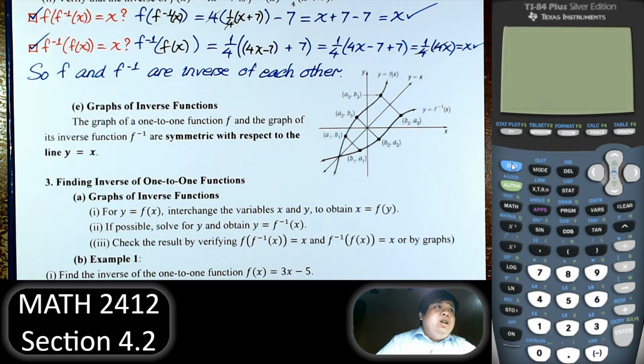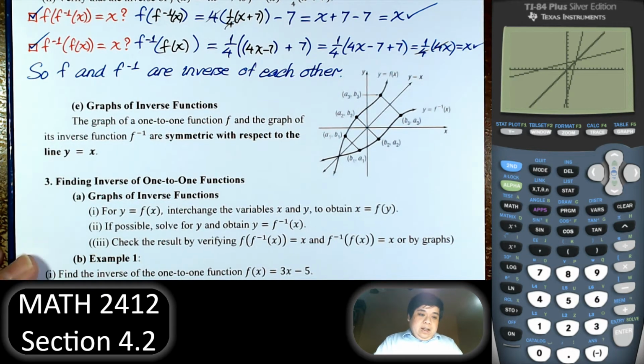For some reason it is frozen. Okay. So those are the two functions. If we graph the line y equal to x, you see these two graphs are symmetric about that line.